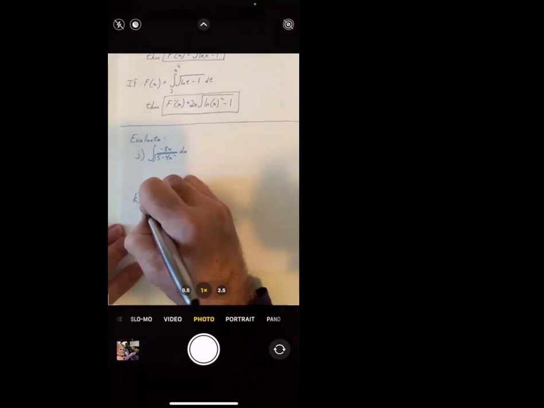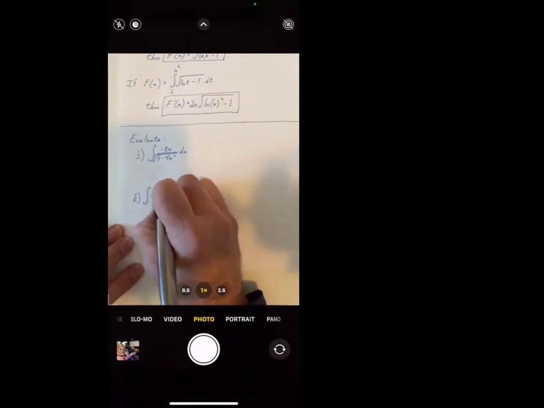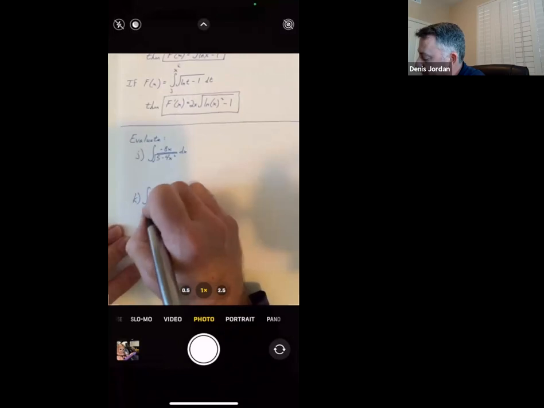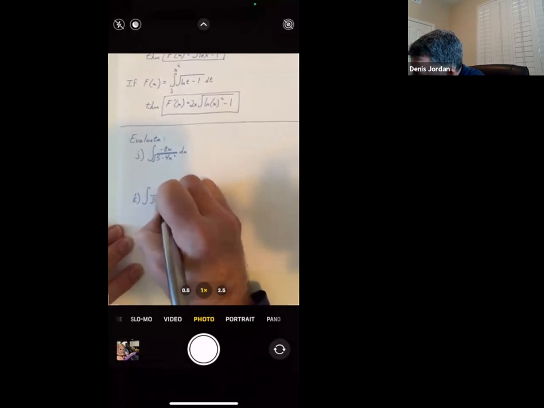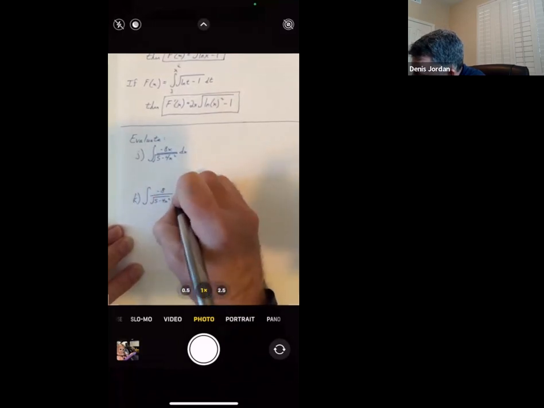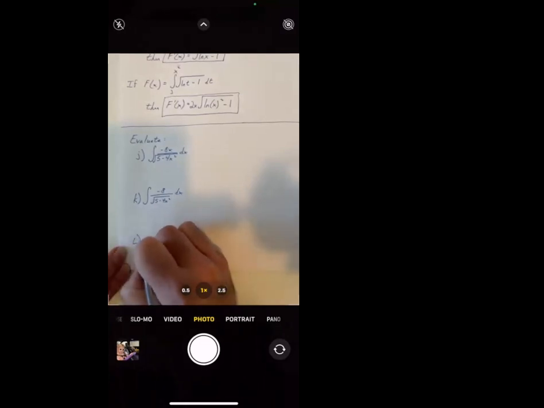K is the same, but it's just negative 8 over the square root of 5 minus 4x squared dx. It's still the square root? Yeah. And then L is negative 8x over 5 minus 4x squared dx, no square root.